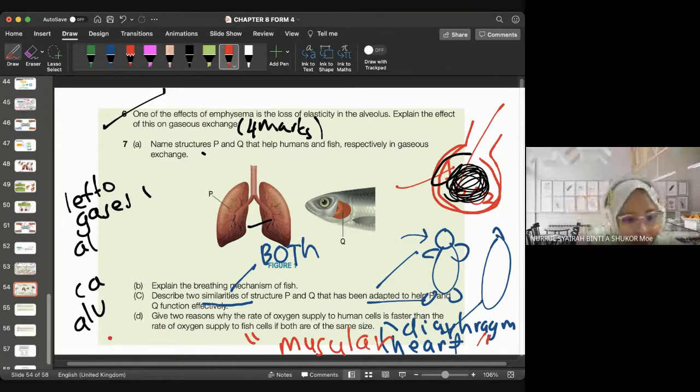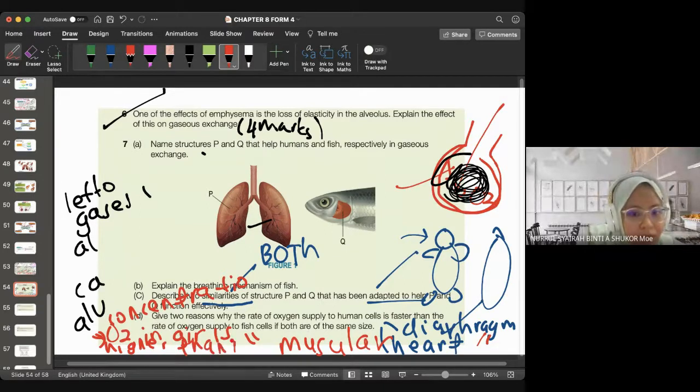Alright, muscular heart. Another one, you can say the concentration of oxygen in air is higher than in water.